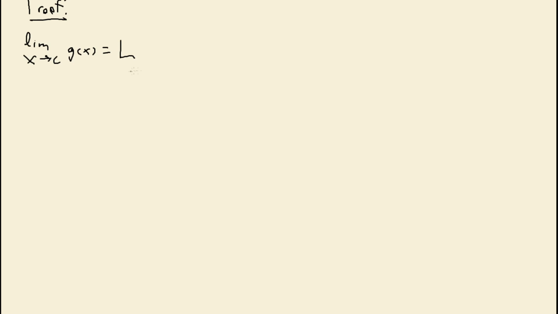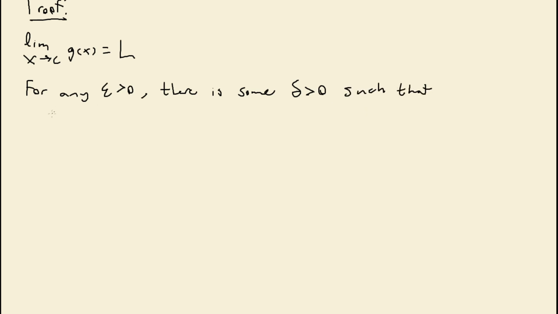Well, from the formal definition of a limit, that tells us that for any epsilon greater than 0, there is some number value delta greater than 0 such that the absolute value of g of x minus L is less than epsilon, and the absolute value of x minus c is less than delta.